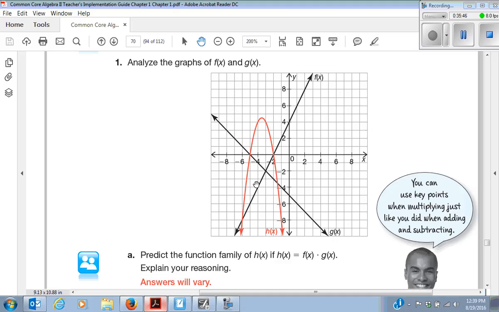Are you with me on how they still do the same thing? All they're doing now is, instead of taking the y's and adding them, they're taking the y's and multiplying them. In this case, does order matter? No, why? Because multiplication is commutative. If I was dividing them, would it matter? Yes, because order matters for that. What do we think?